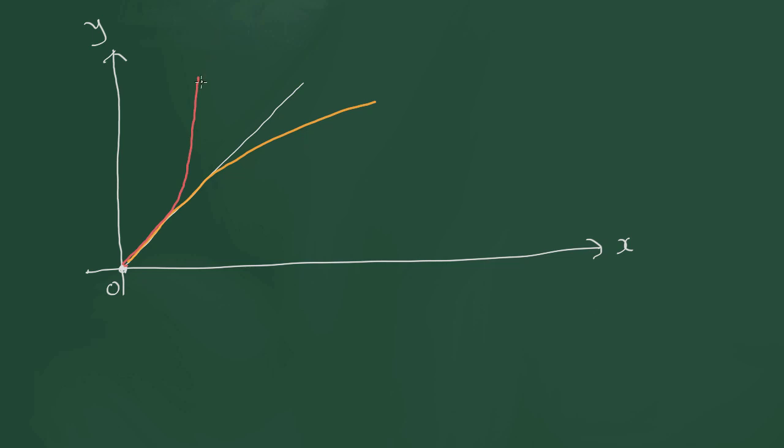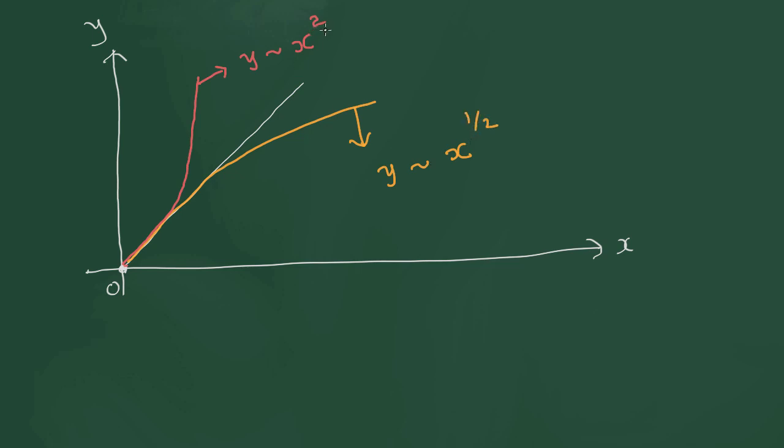If you go to the left side of the straight line, the equation of this particular line is y behaves like x to the power of a large number. It can be x square. For a simple situation, it looks like y equal to x square. Whereas if you deviate from the straight line and move towards the right side, then the behavior is like x to the power of 1 by 2.